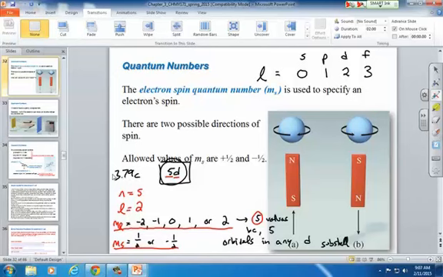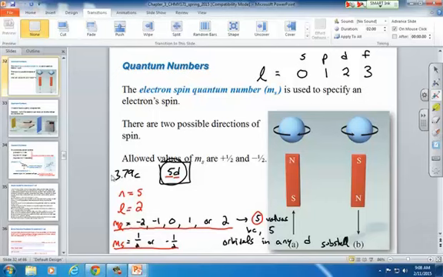So within a D subshell, there are 5 orbitals in there, and those orbitals have a specific shape and a specific orientation in space. If you're not given information about that, you don't know which of those D orbitals the electron's in. So each of the D orbitals in the D subshell have their own ML quantum number.